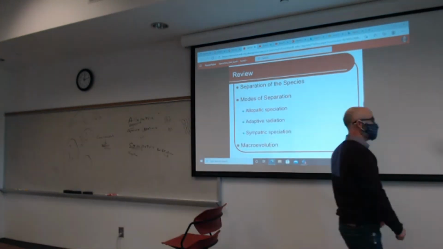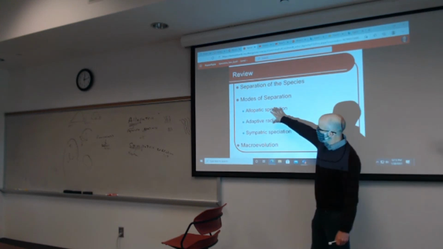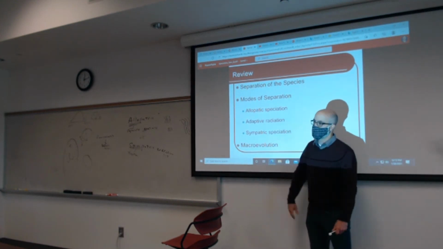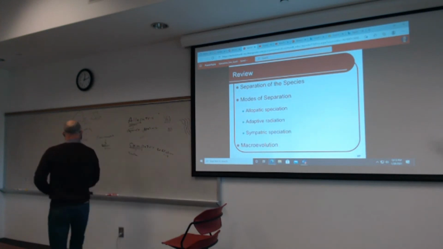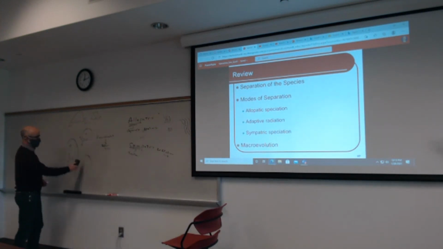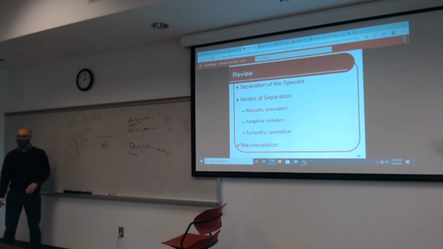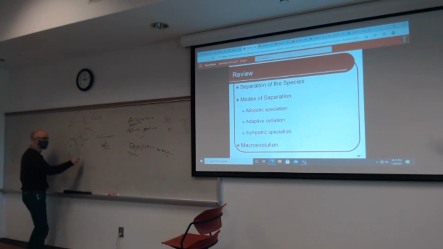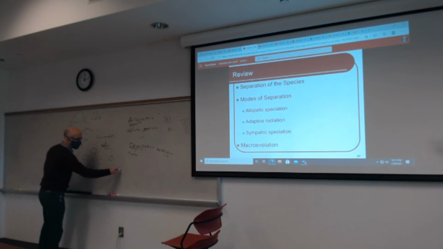And then adaptive radiation is underneath allopatric speciation because it's an example of allopatric speciation. Here's, I guess, the best way for me to explain adaptive radiation. Clearly, we can see how A can split into A and B if there's an island that gets colonized. But what if we have lots and lots of islands?